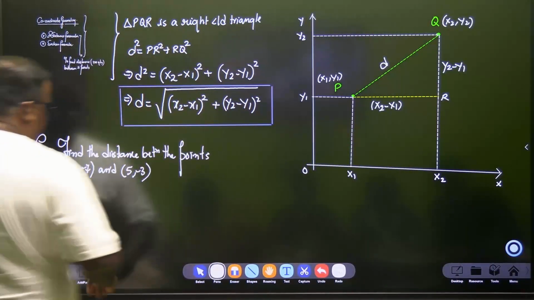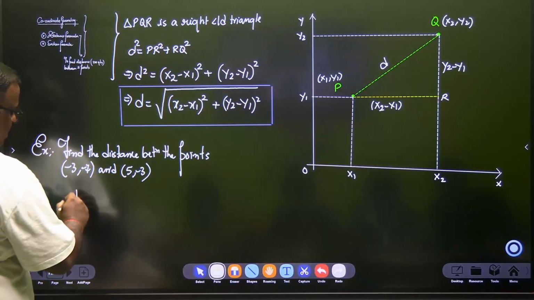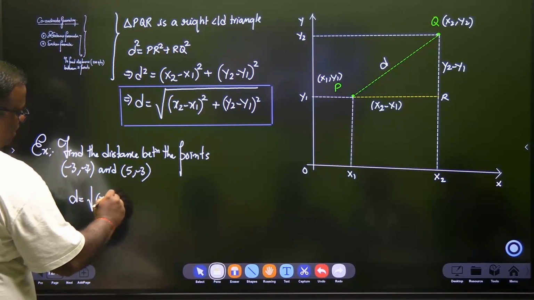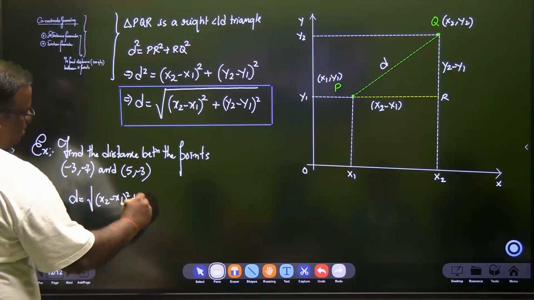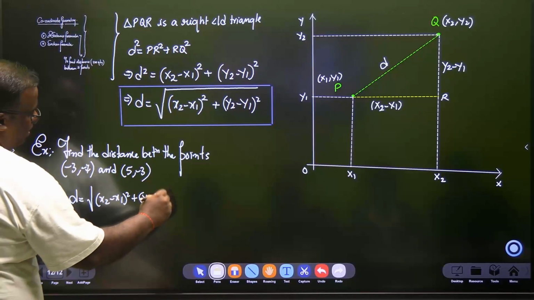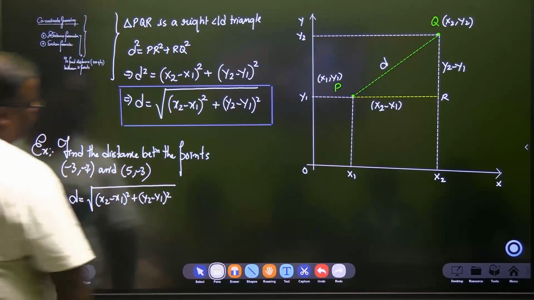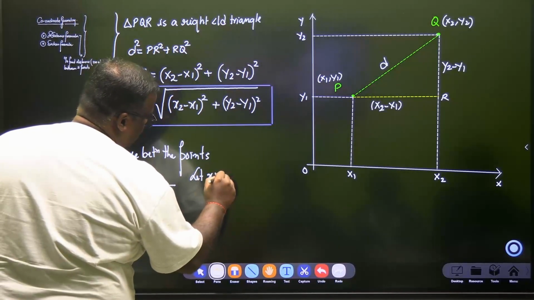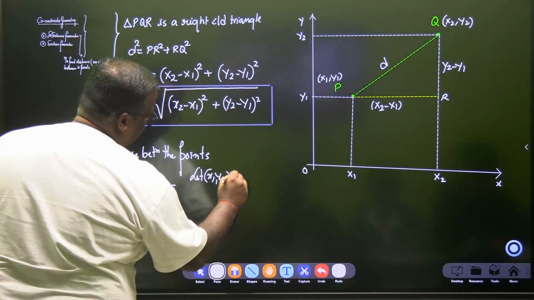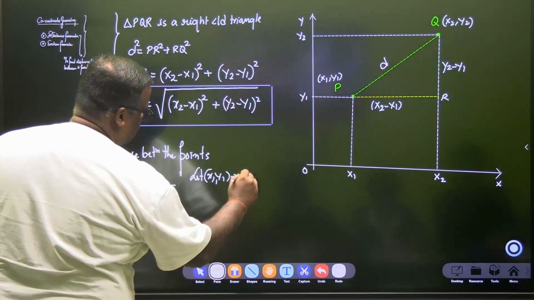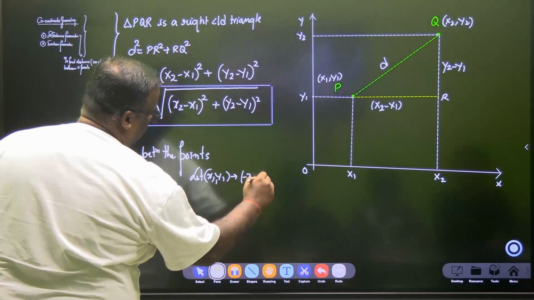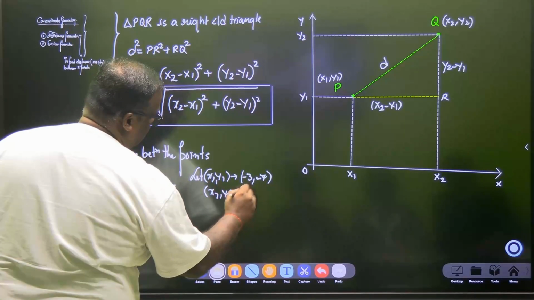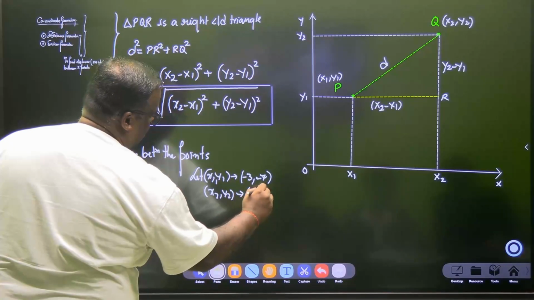We will say that the distance is given by root under x2 minus x1 square plus y2 minus y1 square. And you have to assume your x2 and x1. So we assume let x1, y1 be minus 3 and minus 7, and let x2, y2 be 5 and minus 3.